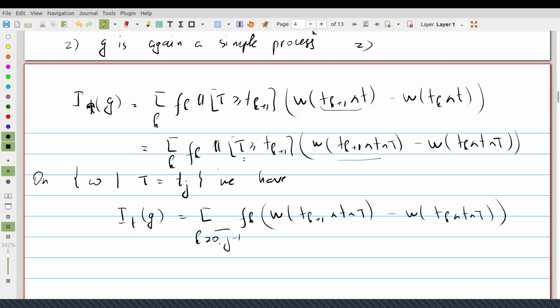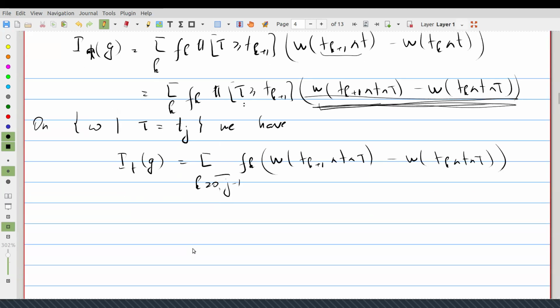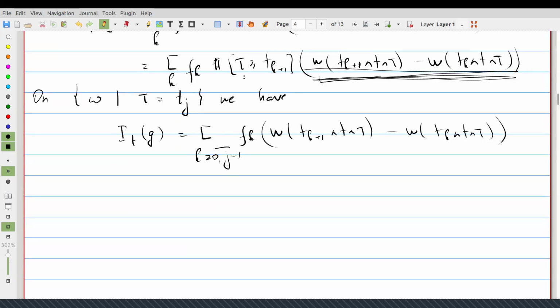Now, why? Because this part disappears when tau is less than tk, and here I just take the sum over those k that this is not zero. But this can be rewritten as now tau equals tg here.